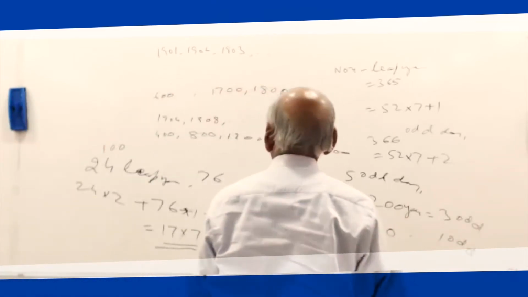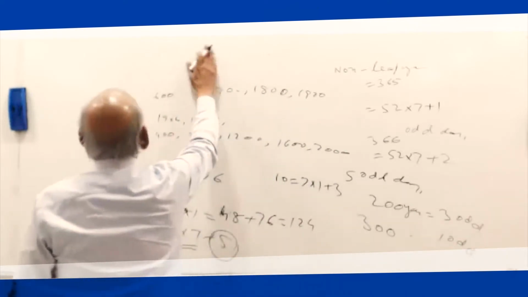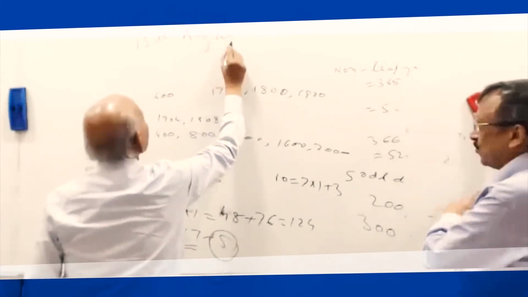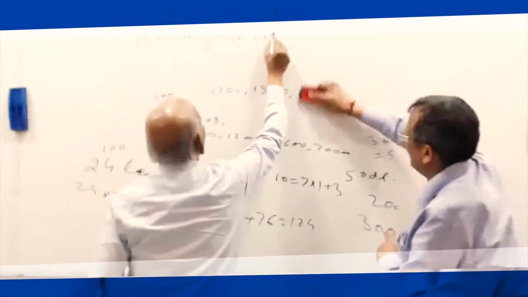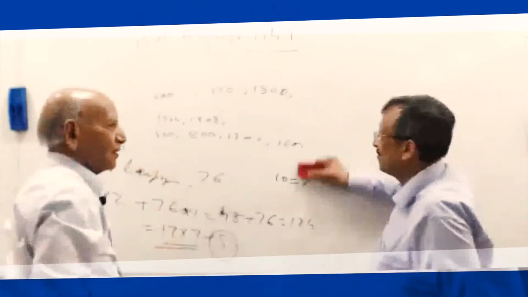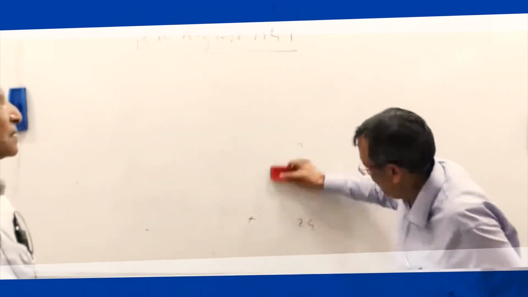So here is my first question. What was the day on 15th August 1947? You know about this day? We have Independence Day in India. So this is 15th August.